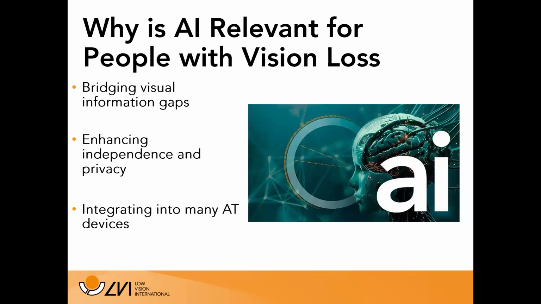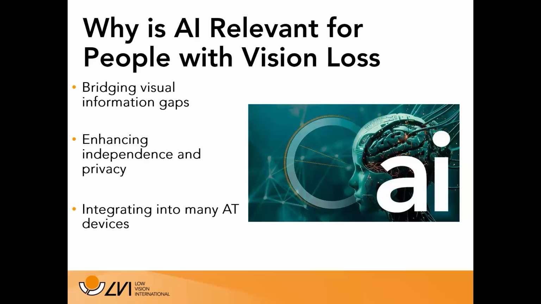With AI, you not only get the power of summarizing so that you don't have to read the whole piece, you also now have access to do that when you want, how quickly you want, and with the right additional technology like earbuds or Aftershokz, you can do so privately. So it offers independence for those sorts of tasks, and it offers a lot of privacy.